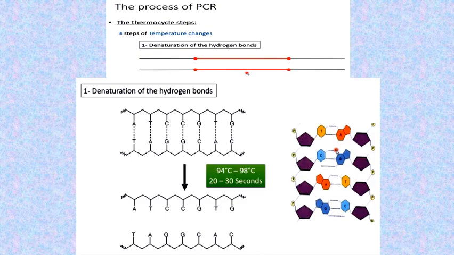The denaturation of hydrogen bonds, like that, we cut the segment of DNA to explain how you can break these hydrogen bonds between the nitrogenous bases of nucleotides of DNA for both 2 strands.